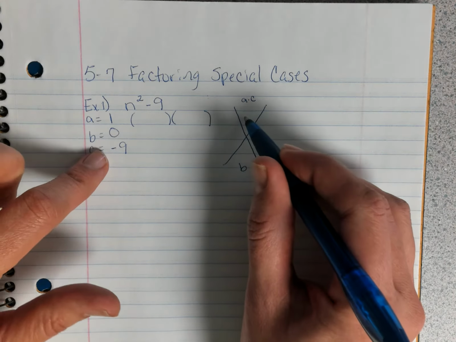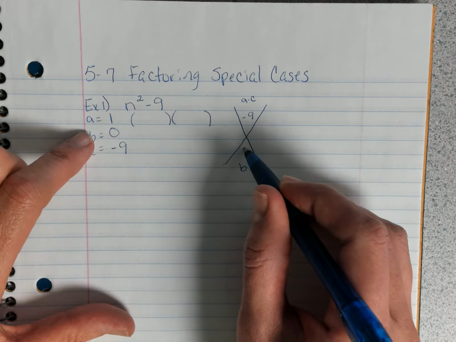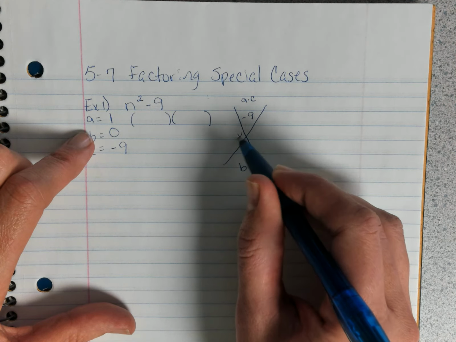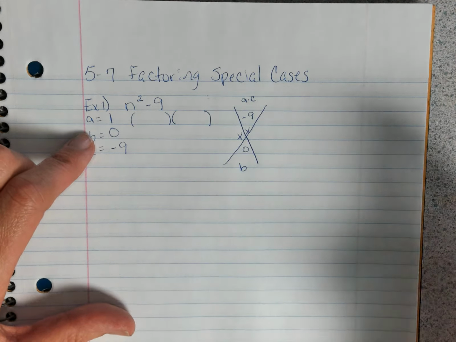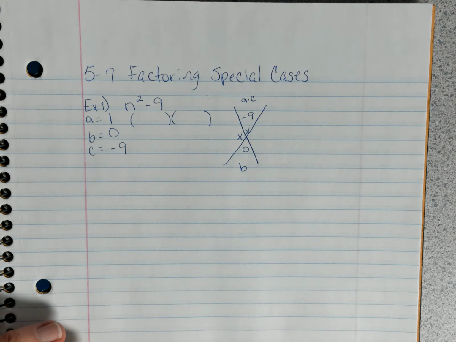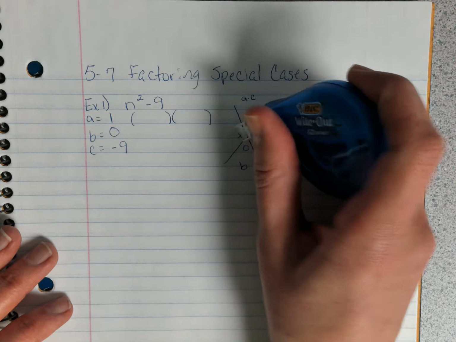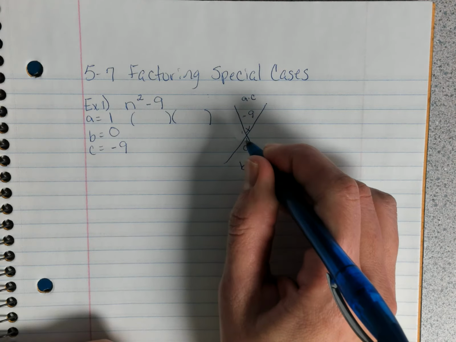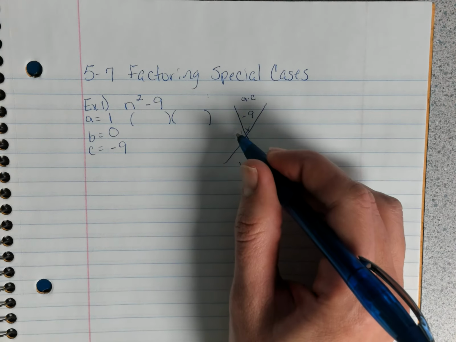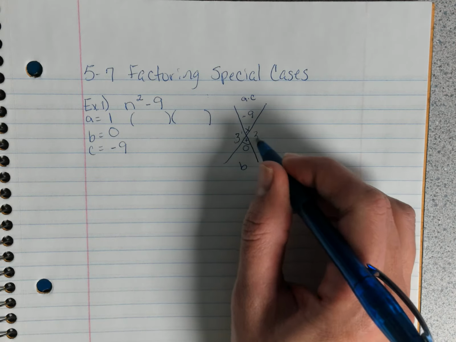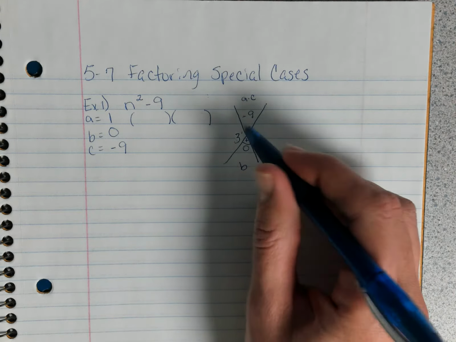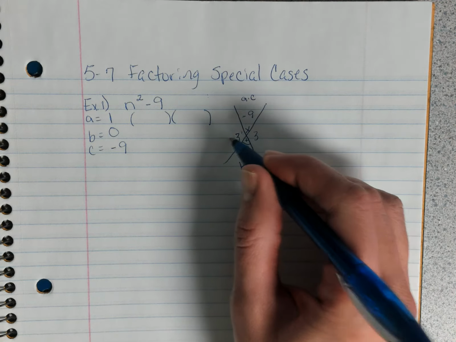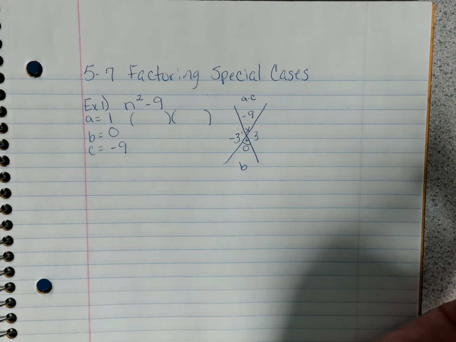A times C is -9, B is on the bottom. What can we multiply that makes -9, but when we add it together, we get 0? Well, 3 times 3 makes 9, and either one is negative, and when you add them, you get 0.